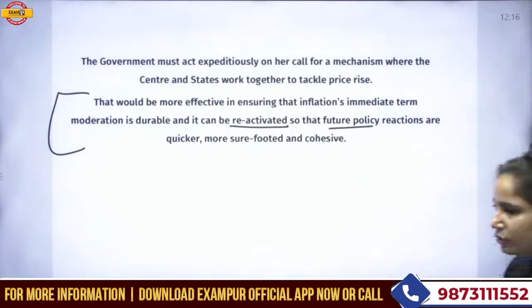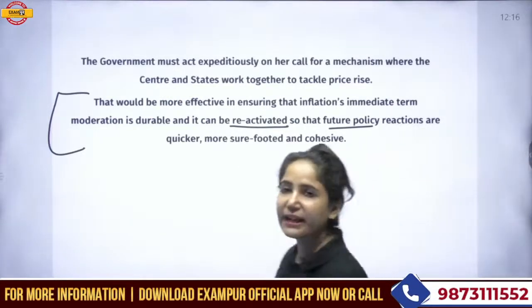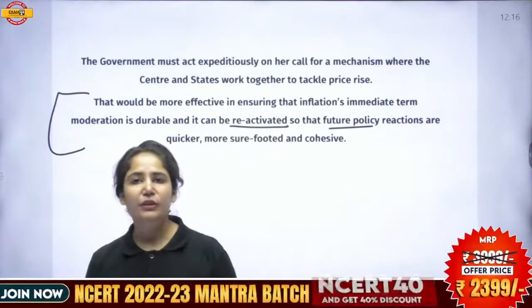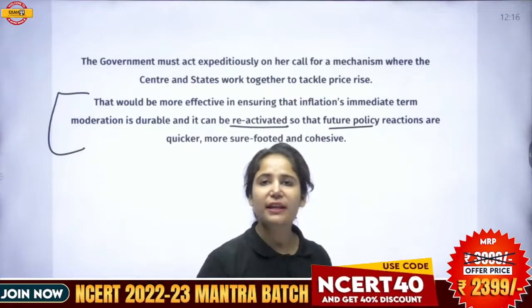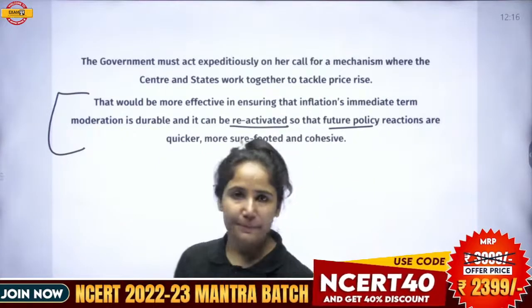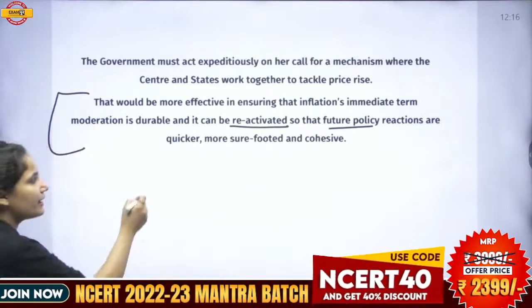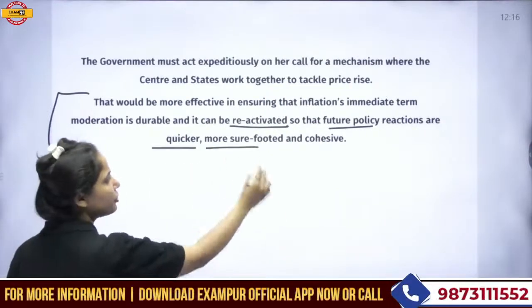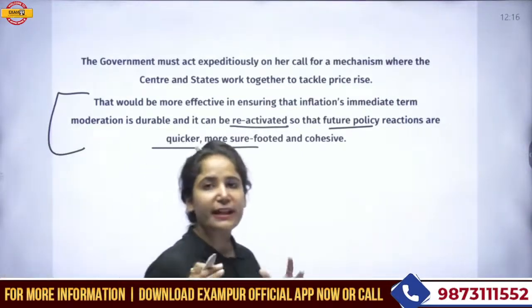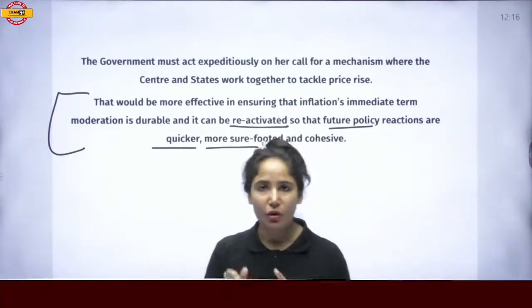Future policy reaction could become quicker if you take things in collaboration. To whatever level you can extend it, you can control those policies so that future policy reactions are quicker, more sure-footed and cohesive, if you take things simultaneously and collaboratively.